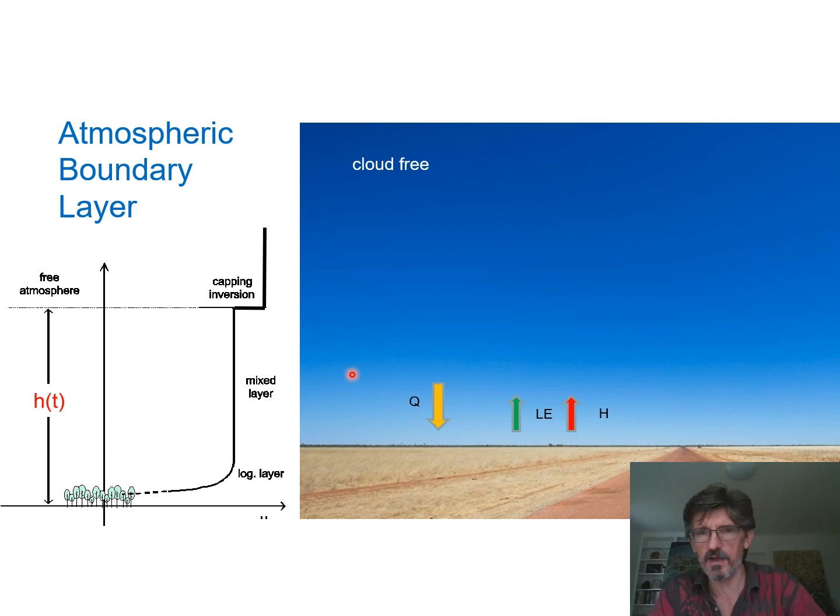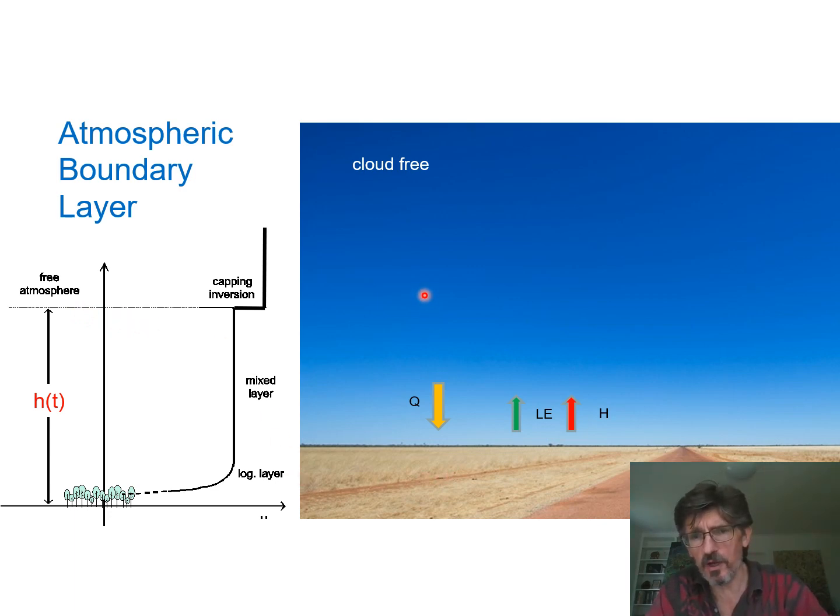If you're flying at this interface, you have turbulence here, almost no turbulence, a potential type of flow in the free atmosphere, and that's where you get the interface with the bumpy ride at takeoff and landing. That's the typical level at which the height of the boundary layer arrives.